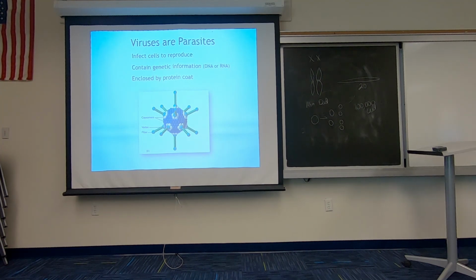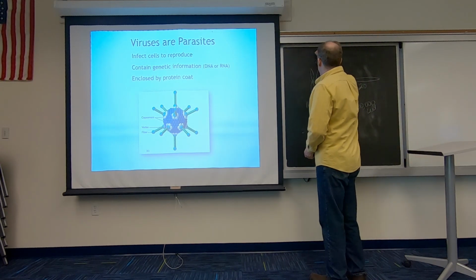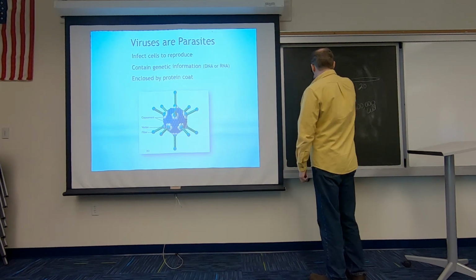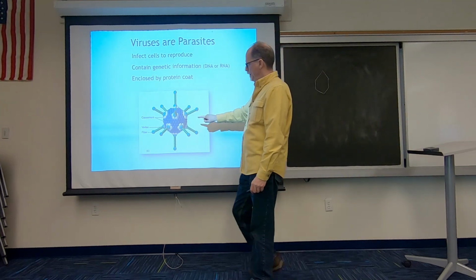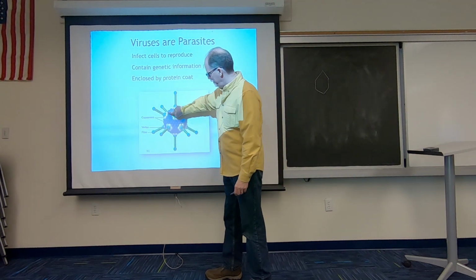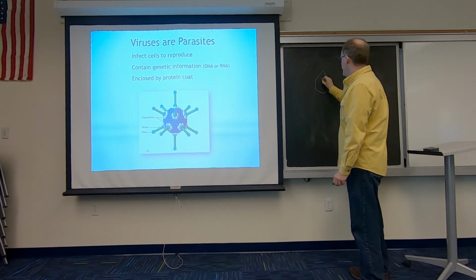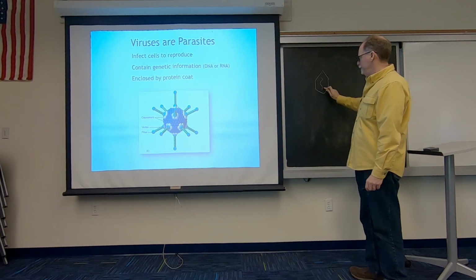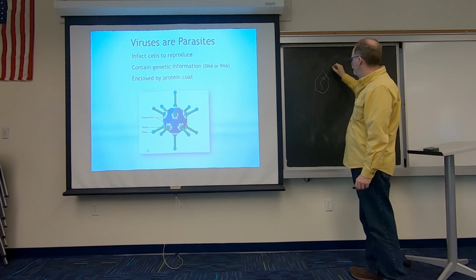You know, and then the thing to keep in mind about viruses is that they're particles, meaning they're not cells. When you see this sort of structure, it's all the proteins that make up or surround the DNA or RNA in the middle.